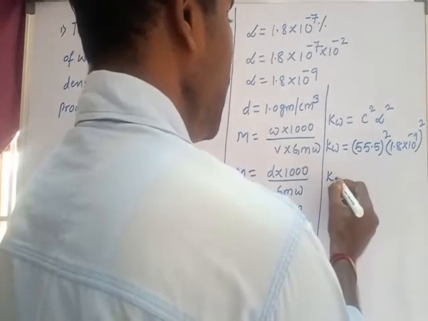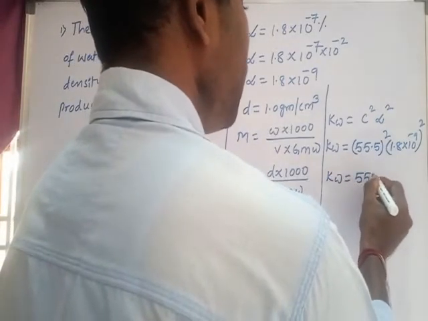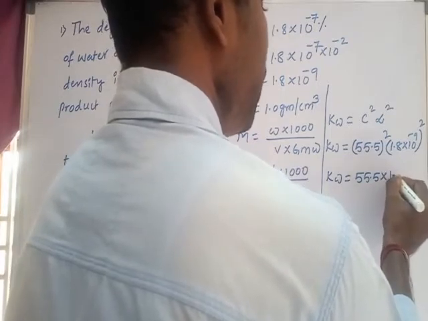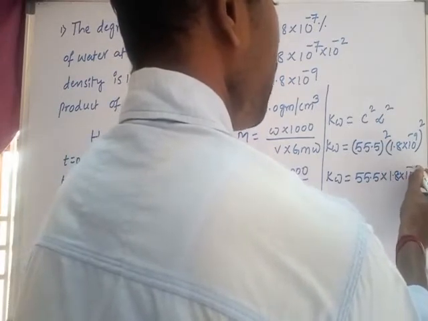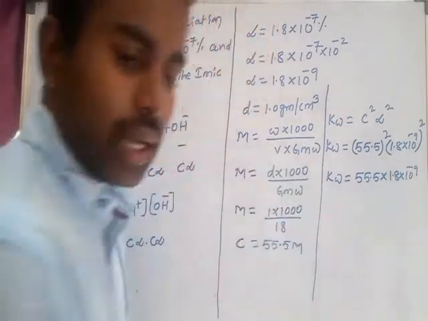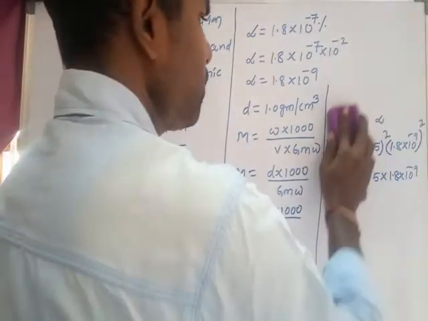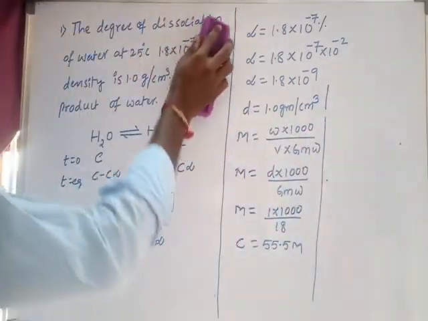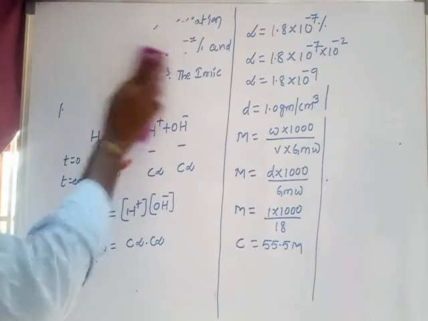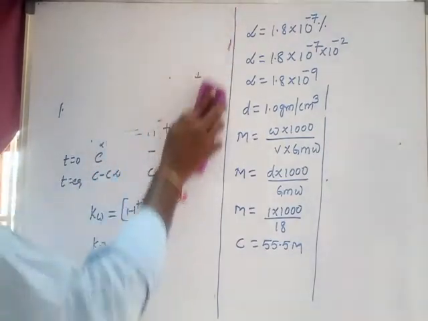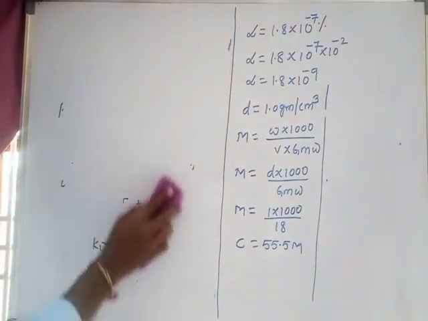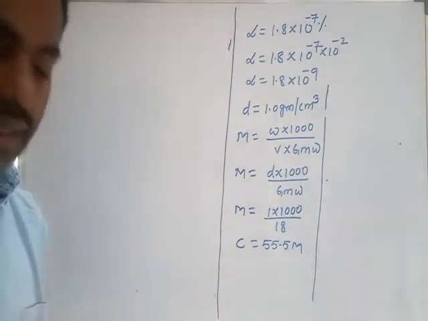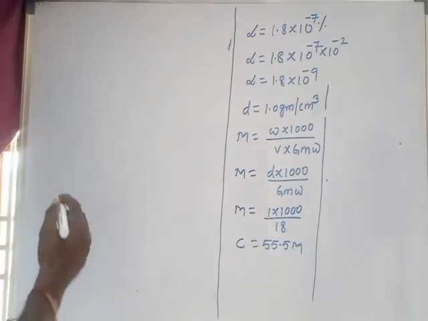From that, what can we write for Kw? In that question, by giving alpha and density, they are asking for the ionic product of water. It is a very interesting problem.